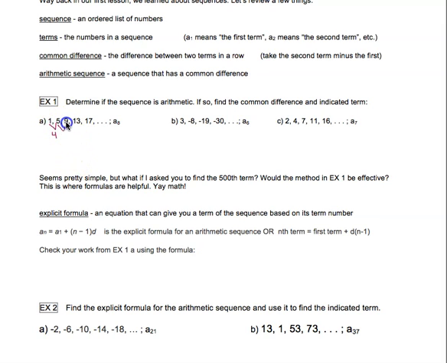So now I take the next two, and it's always later minus earlier. So 9 minus 5 gives me 4. 13 minus 9, also 4. 17 minus 13, also 4. So this common difference is indeed common. It stays constant. So this is yes. Yes, it's arithmetic. So we can say common difference is 4.